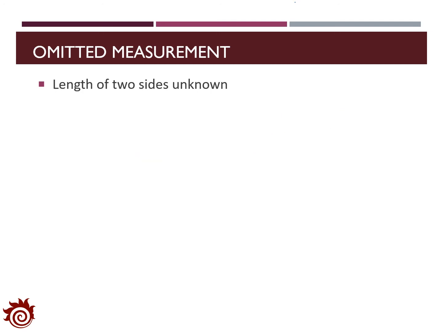If the traverse is completed for a triangle and we are missing the length of two sides, but we know the directions of these two sides, then we can still identify the two missing sides. Let's take a look at an example here.